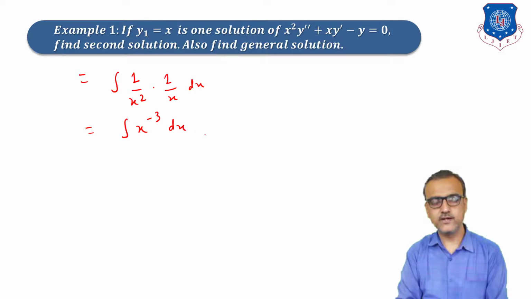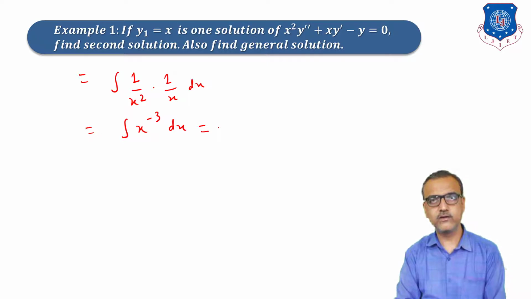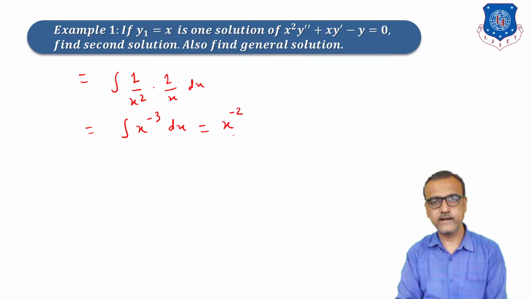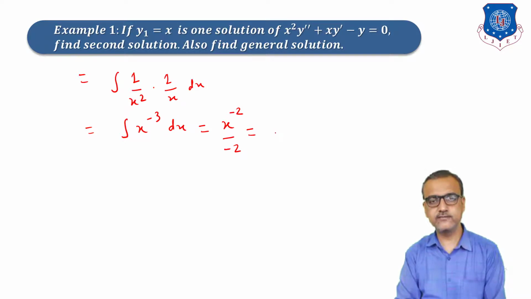Now what is integration of x raised to minus 3? According to the formula, integration x raised to n dx equals x raised to n plus 1 over n plus 1. So this is x raised to minus 3 plus 1, that is x raised to minus 2, divided by minus 2. Writing x raised to minus 2 as 1 upon x square, this is minus 1 over 2x square.